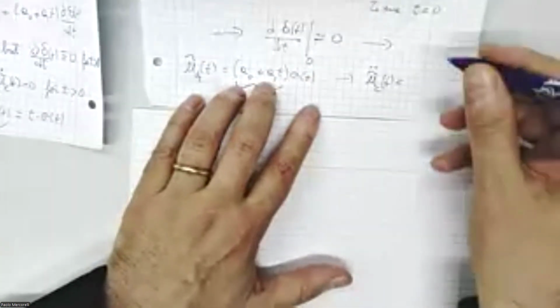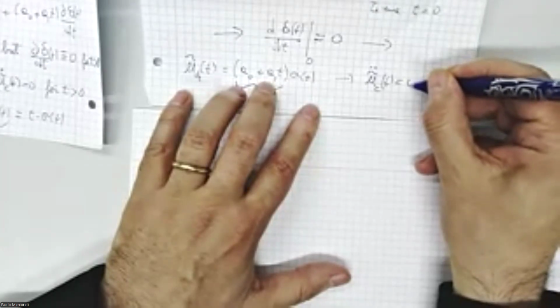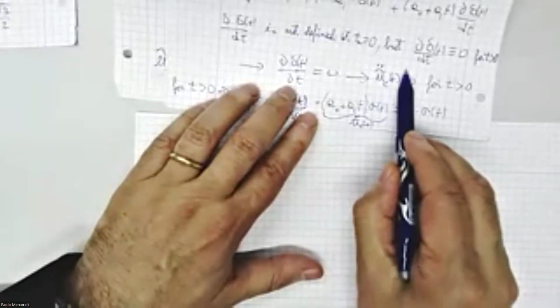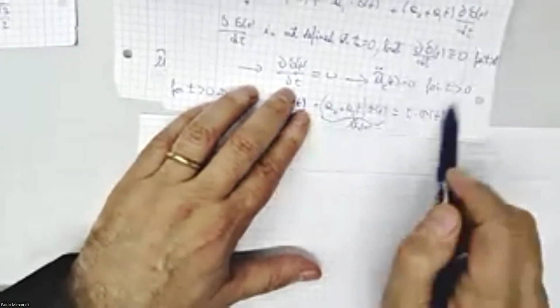As I told you before, it's zero, not only for t larger than zero, as I told you before, but also at time zero.